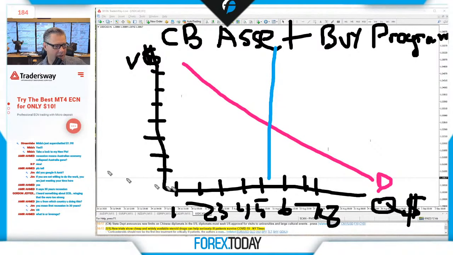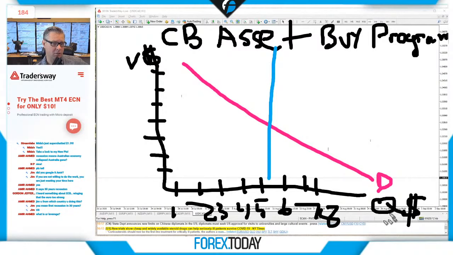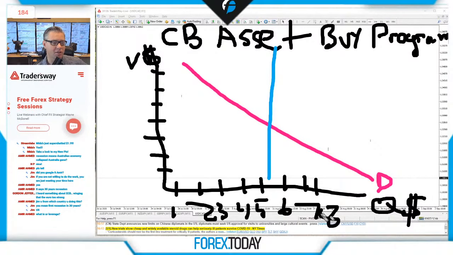It's not upward sloping, it's vertical because there is $5.25 trillion, like the number of dollars or whatever the number is. There's a fixed amount. There's that amount of money right now. And therefore, based on that, there is a purchasing power of whatever that is.